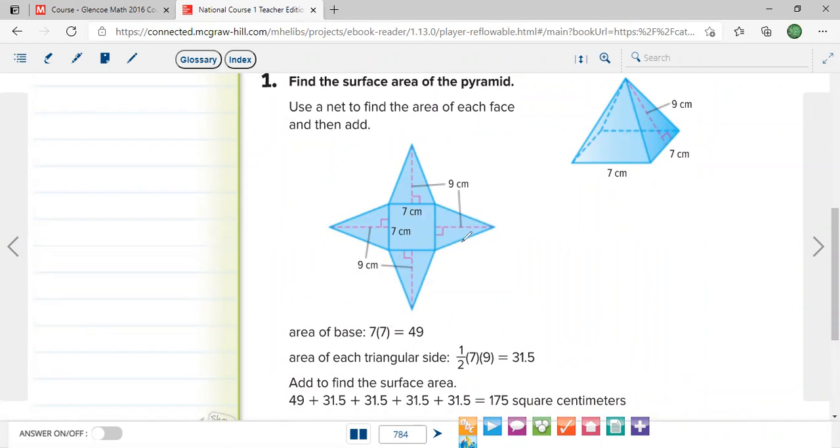The area of one face, one triangular side, is half its base times its height. So half times 7 by 9 will give you 31.5. Now you have one square and four triangles, so 49 plus 31.5 plus 31.5 plus 31.5 plus 31.5 will give you 175.